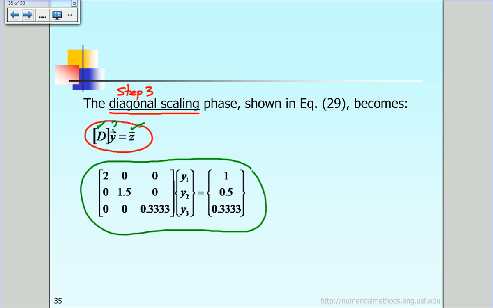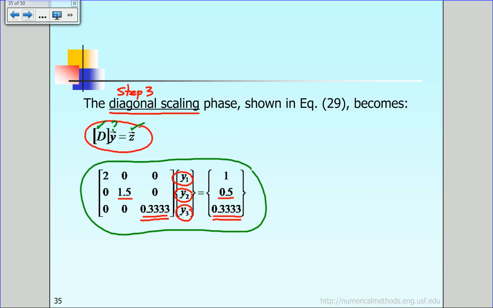From this system, you can see clearly we can solve very easily for the unknown y1 first, which is equal to 1 divided by 2. Then we can solve for the unknown y2, which is equal to 0.5 divided by 1.5. And lastly, we can solve for the unknown y3, which is equal to 0.333 divided by this number here.